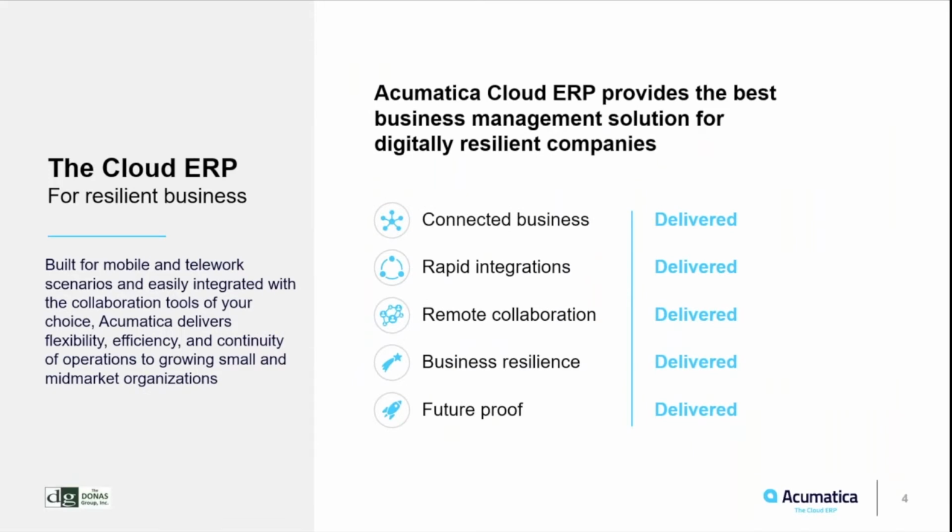Developed for resilient businesses, Acumatica Cloud ERP is the most usable, adaptable, and affordable business management solution available today. Built for mobile and telework scenarios, it easily integrates with the collaboration tools of your choice. Acumatica delivers flexibility, efficiency, and continuity of operations to growing small and mid-market organizations.